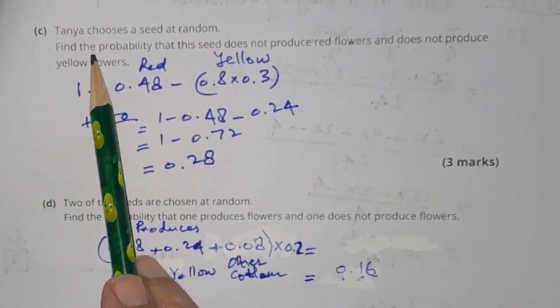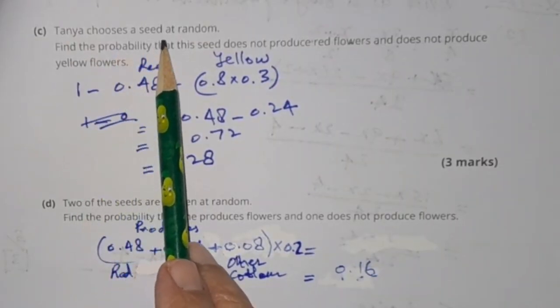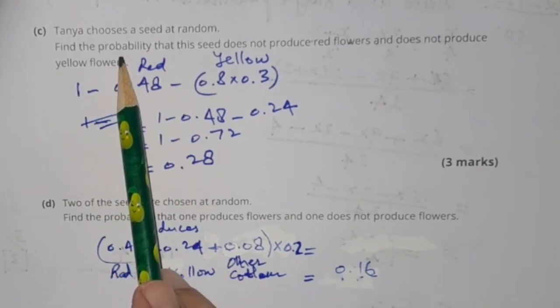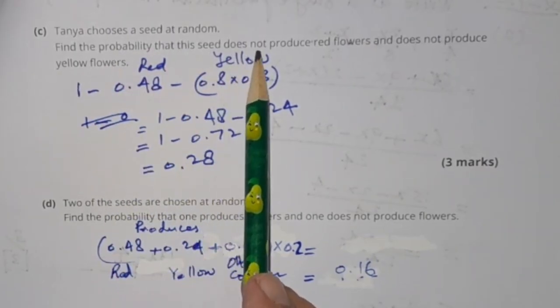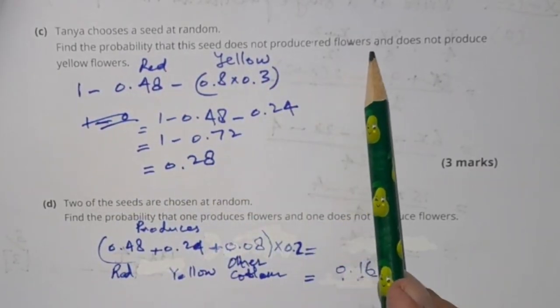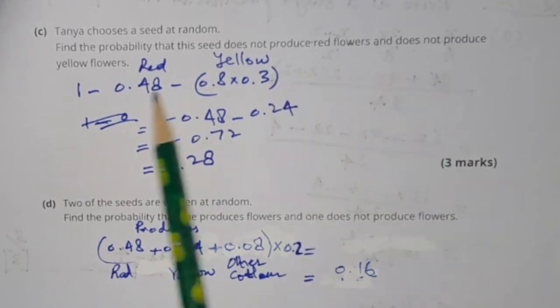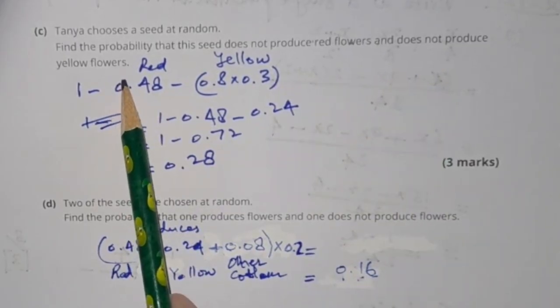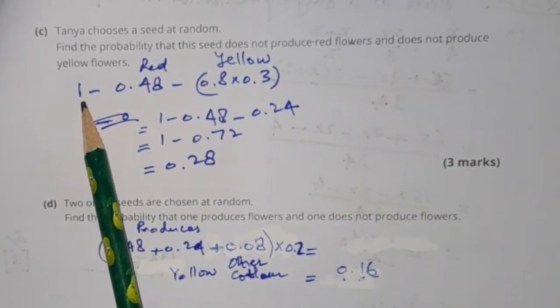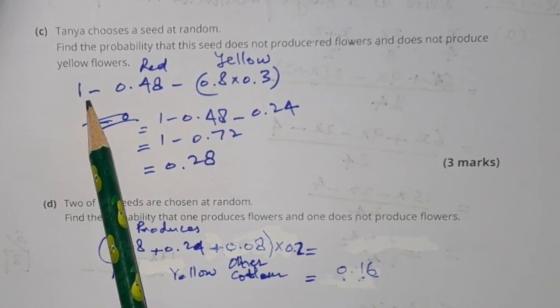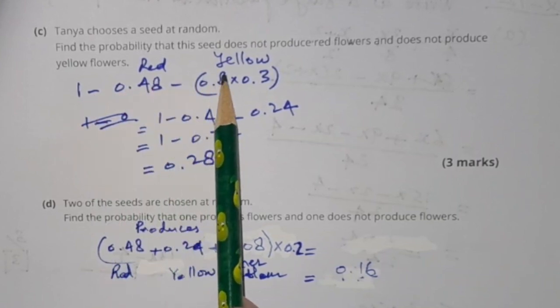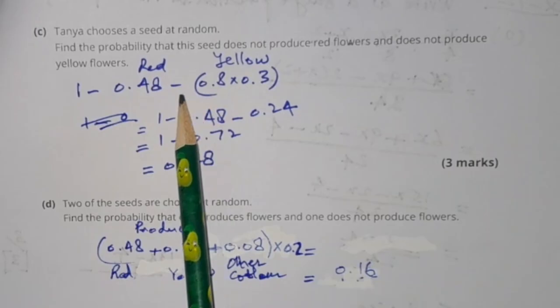Part C, Tanya chooses a seed at random. Find the probability that this seed does not produce red and does not produce yellow flowers. So that means from the total probability of 1 we are going to subtract the red probability and the yellow probability.